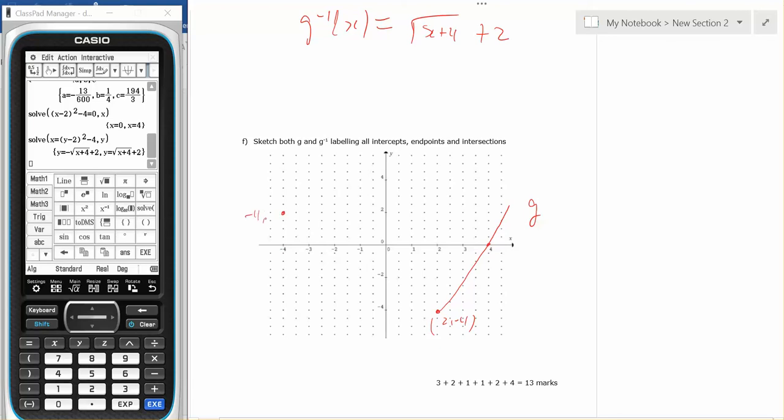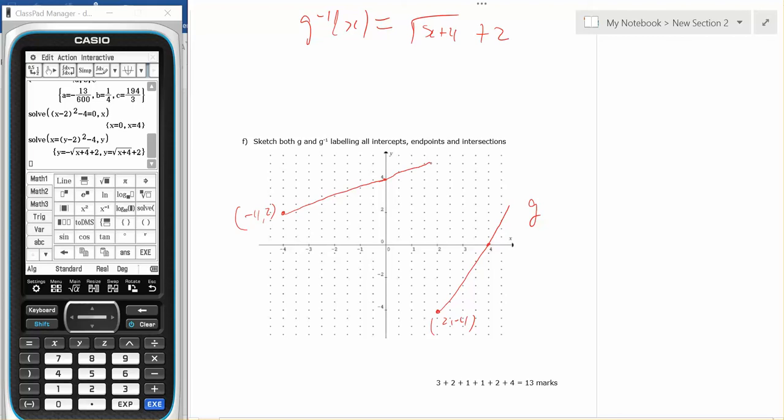It will have an intercept at 4 as well, so it looks something like this.